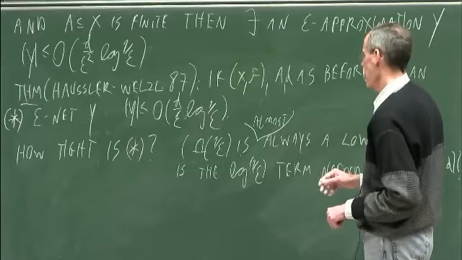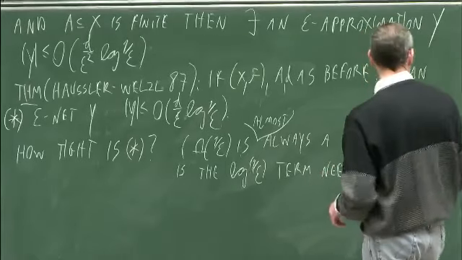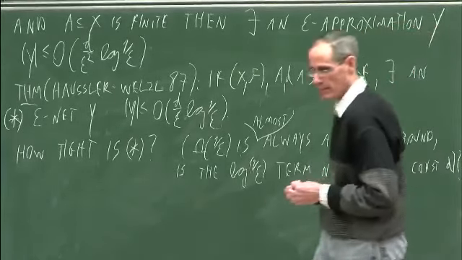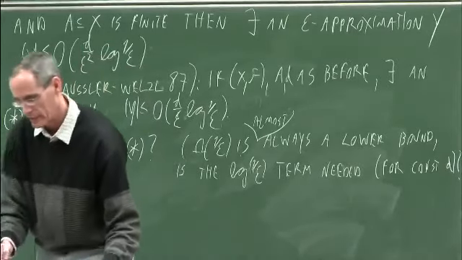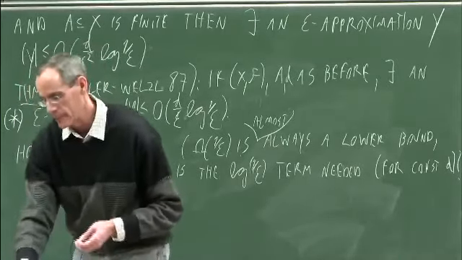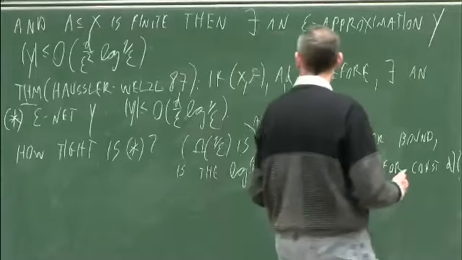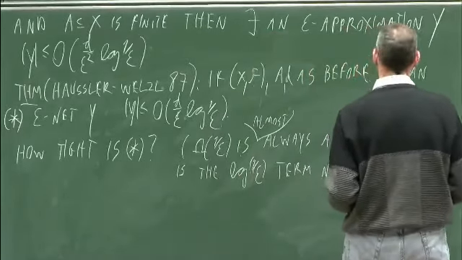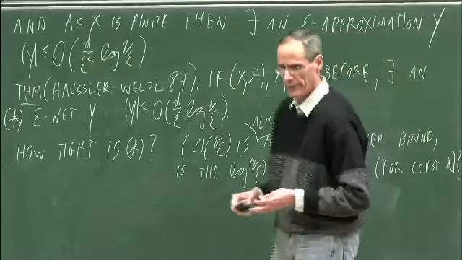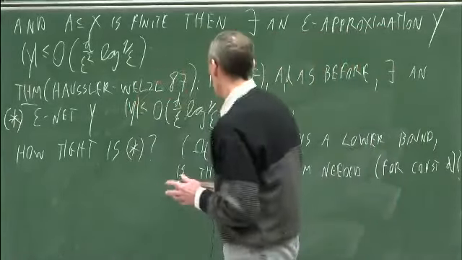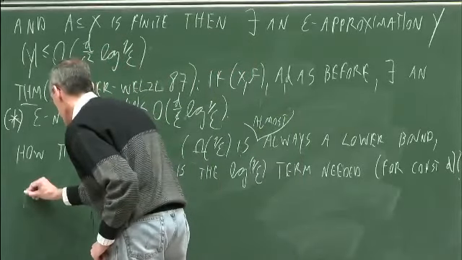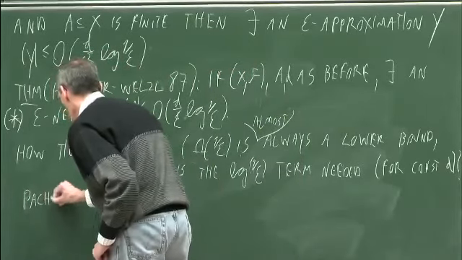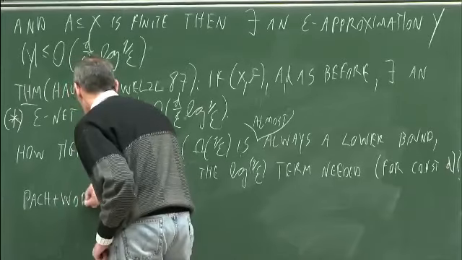But for d equals 2, it is already sometimes needed. So they are abstract, and now we are talking about abstract range spaces. So that's a result of Pach and Woeginger.